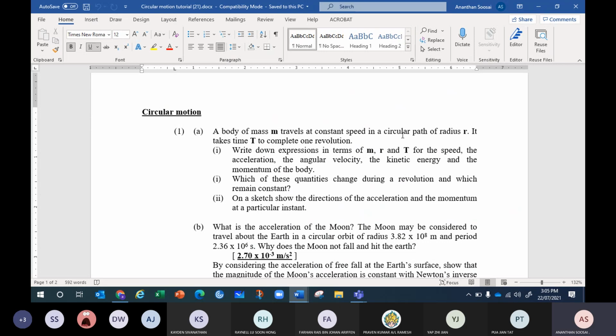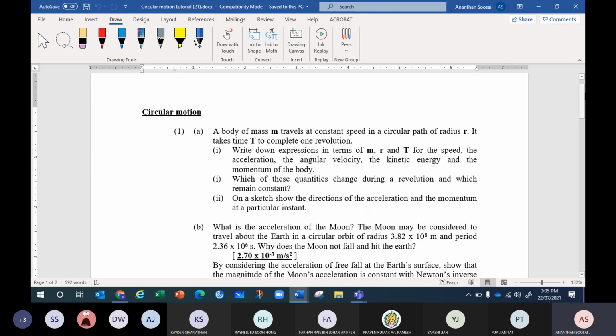Before that, recall back all the formulas. So angular velocity is what? Angular velocity, the rate of change of angular displacement: theta over t, 2 pi over T, and 2 pi f.